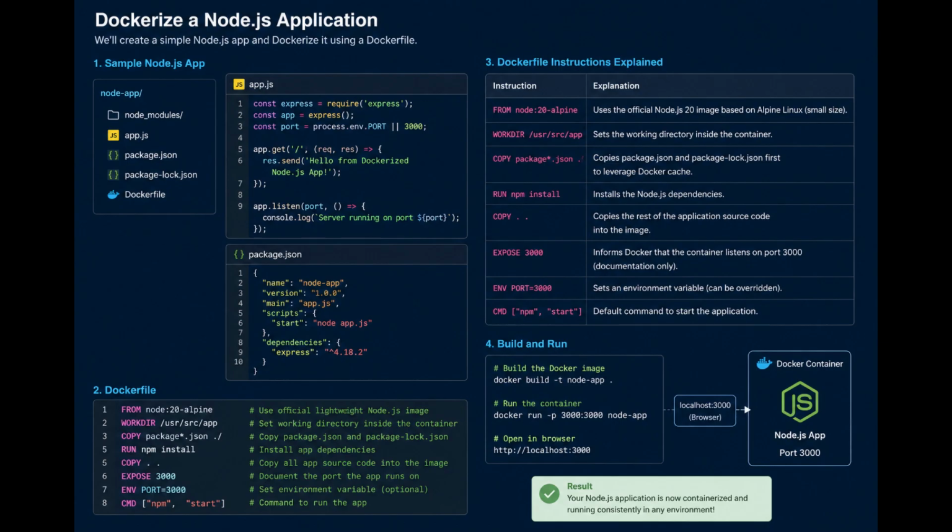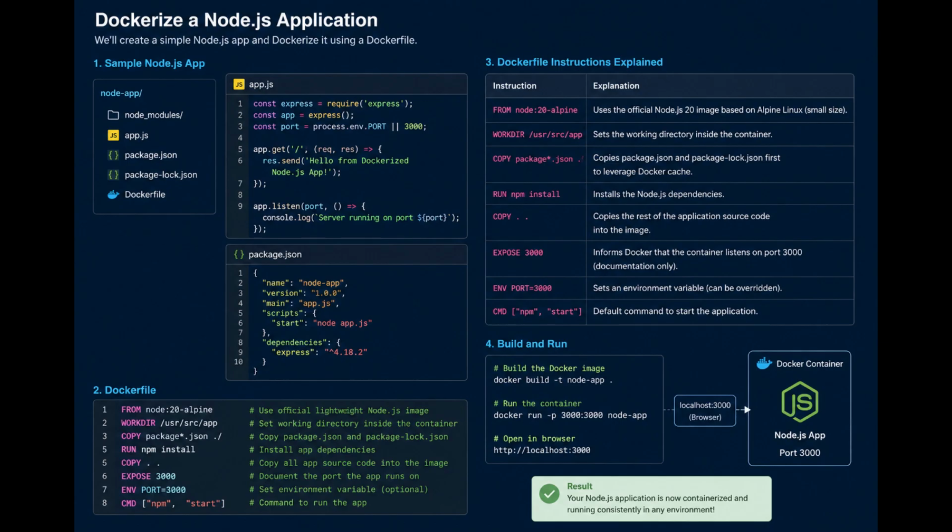By copying only the package files first and installing dependencies before copying the rest of the application code, Docker can reuse cached dependency layers whenever the dependencies remain unchanged. That means future builds become significantly faster because Docker does not reinstall packages every time. This is considered a best practice when writing Dockerfiles for Node.js applications.